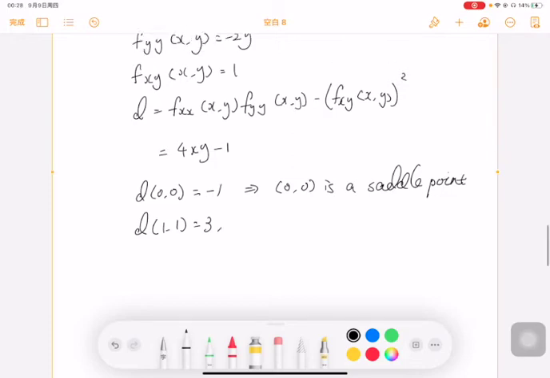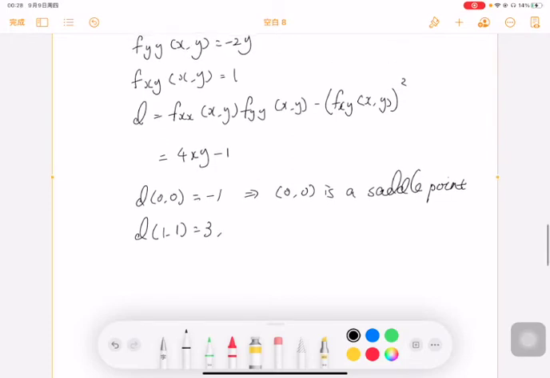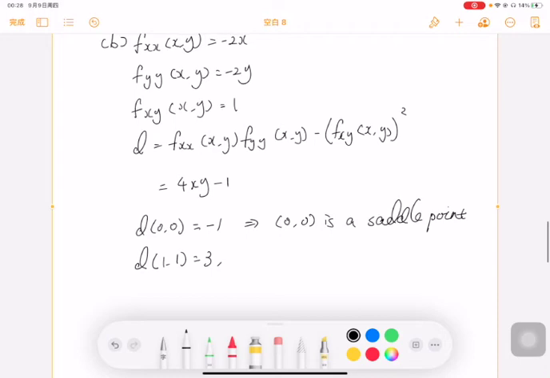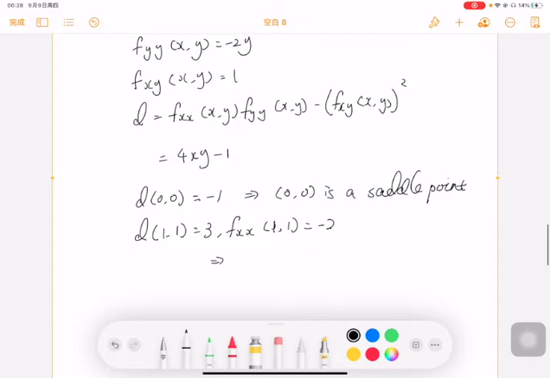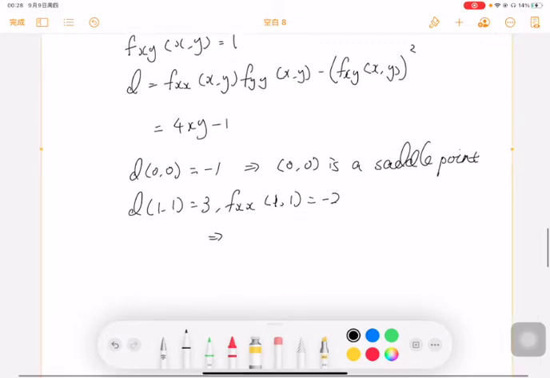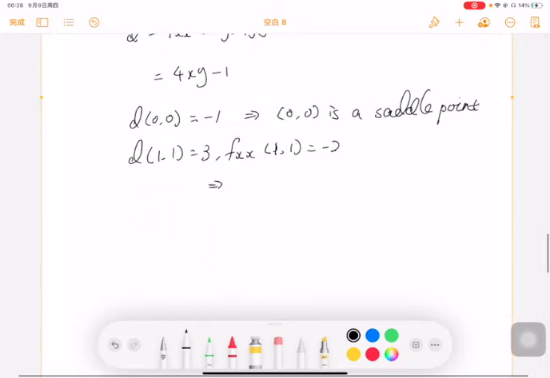Whether it's a minimum or maximum is determined by f partial x partial x. f partial x partial x at (1, 1) is minus 2. That tells us (1, 1) has positive D and negative second order derivative. That is a relative maximum.